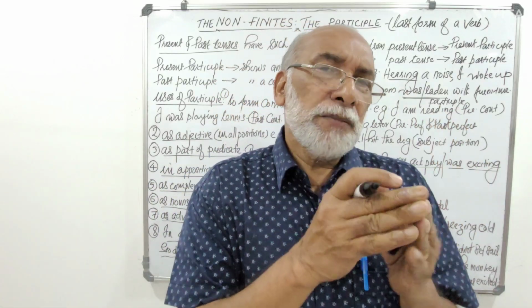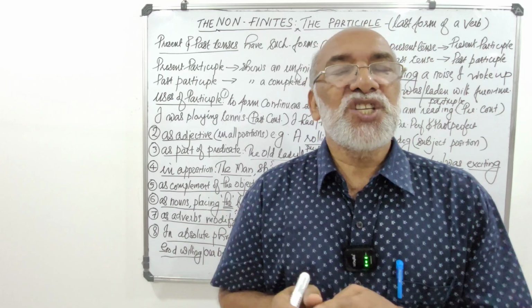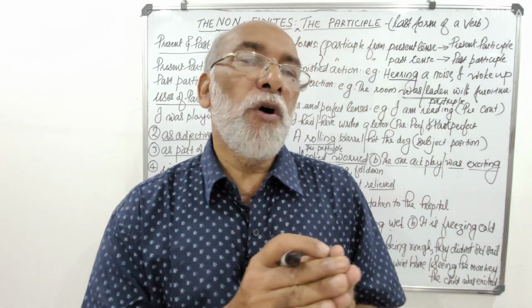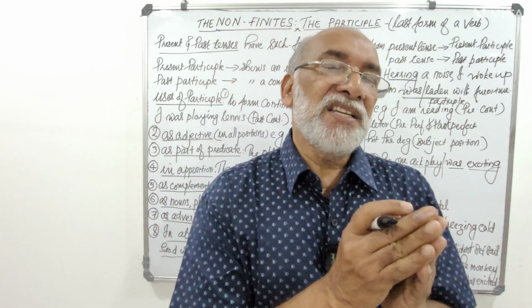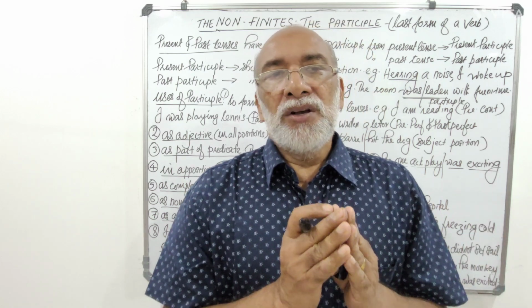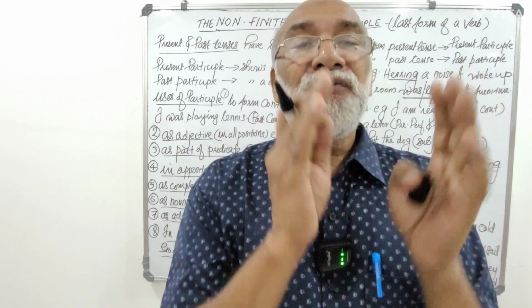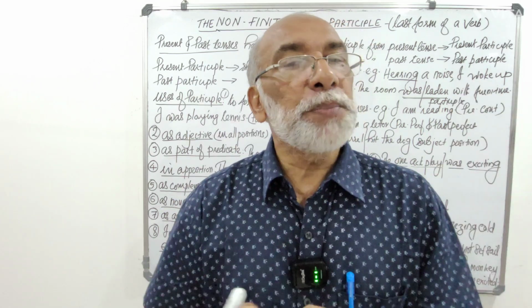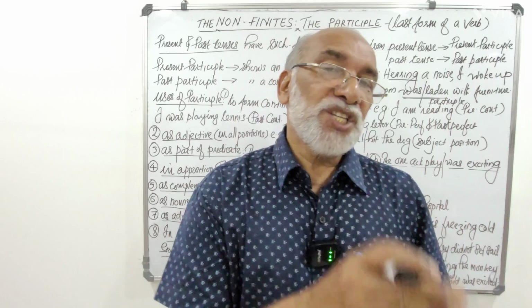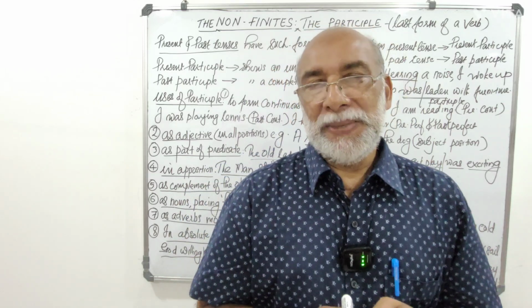Participle formed from present tense is known as present participle, and participle formed from past tense is known as past participle. Present participle shows an unfinished action, an action in progress, and past participle shows an action already completed.